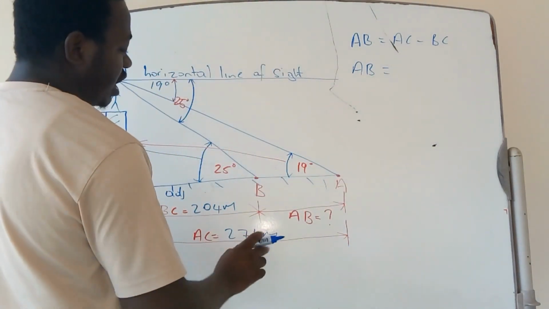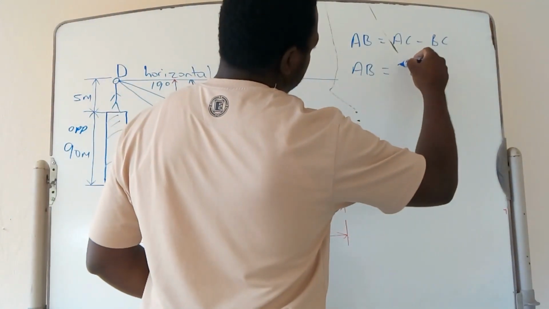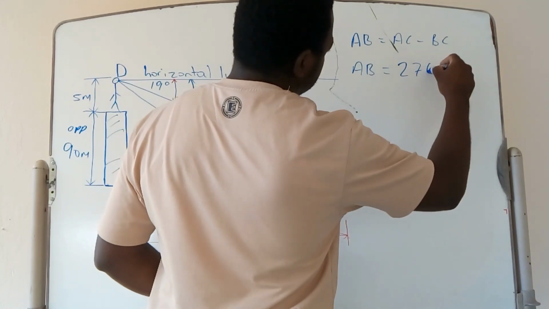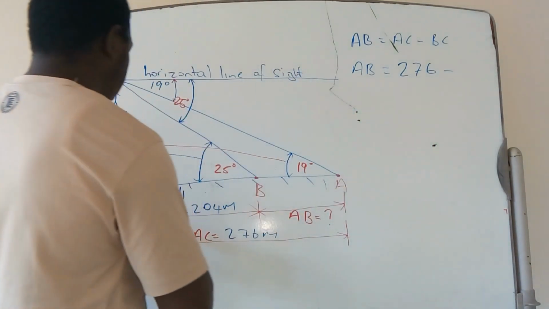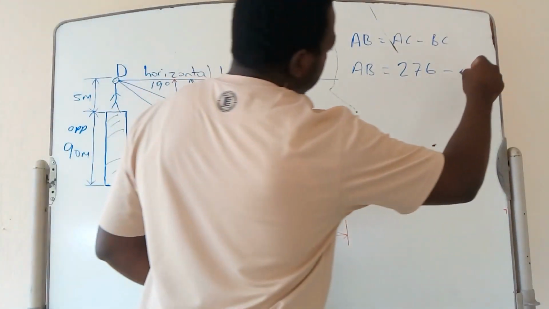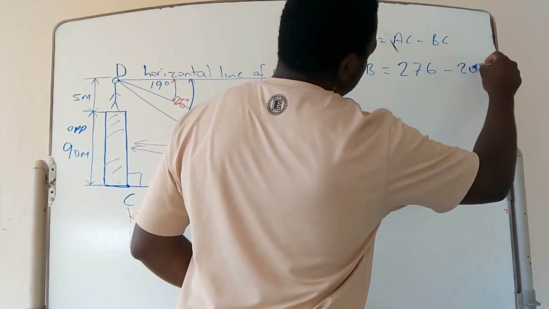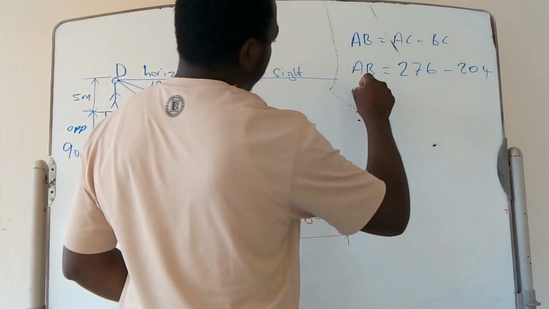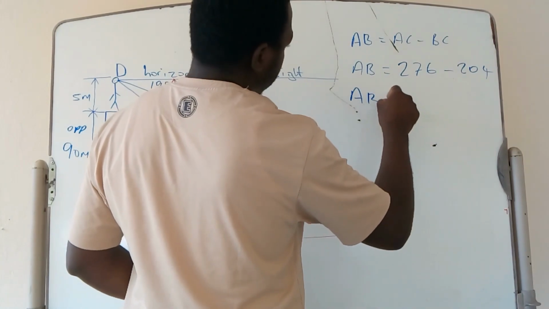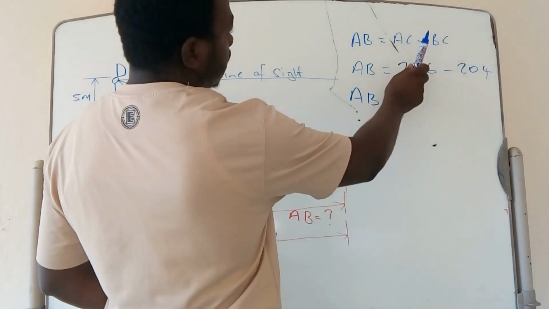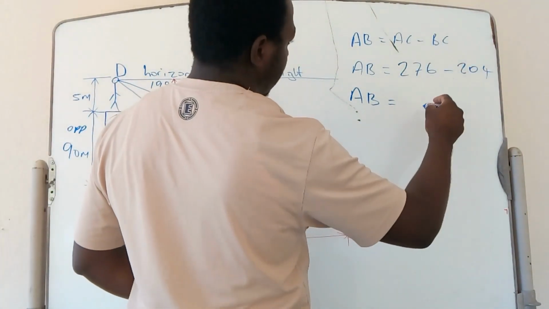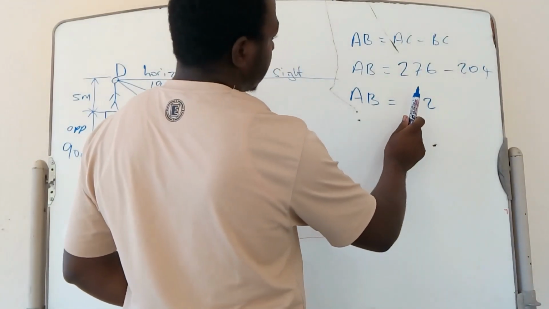What is AC? 276, right? So that's just 276 minus BC, which is 204.